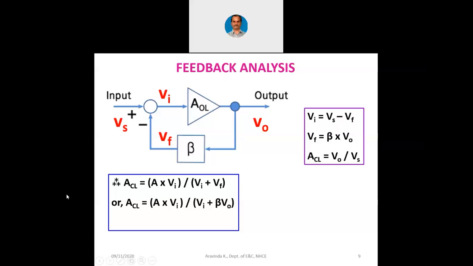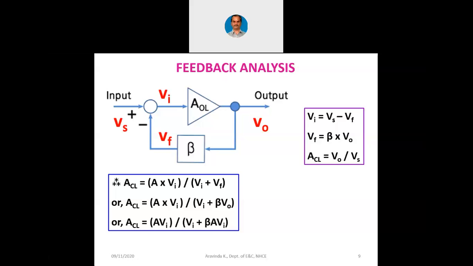Now let's substitute for V naught also in terms of Vi, because V naught is nothing but A into Vi. So now closed loop gain is A into Vi divided by Vi plus beta into A into Vi, because V naught is nothing but A into Vi. So now you can see Vi is at the numerator also, Vi is commonly there at the denominator also.